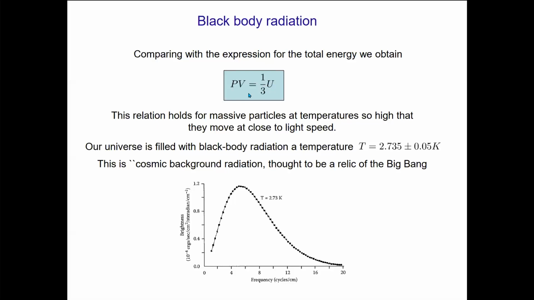So originally, we showed that for classical particles, for fermions and for bosons, the law looked like PV equals 2/3 of U. But in this case, our particles are photons moving at the speed of light, massless particles. But this relation holds even for massive particles at temperature so high that they move close to light speed.